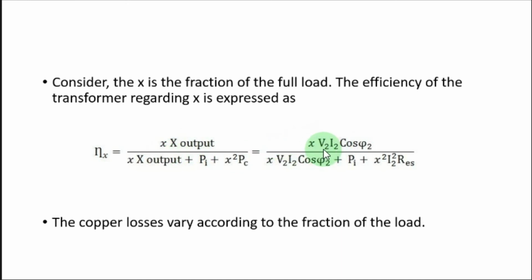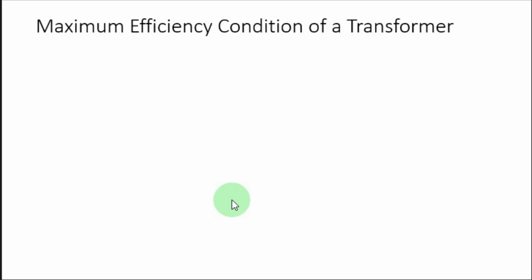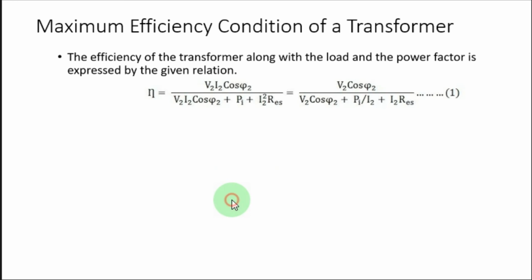So referring to voltages on the secondary, you can write it as x into V2 I2 cos phi 2. So to get the maximum efficiency, the efficiency of transformer along with the load and the power factor is expressed by this equation.